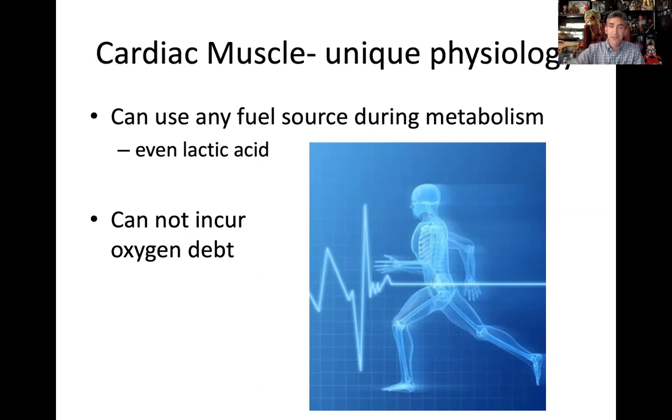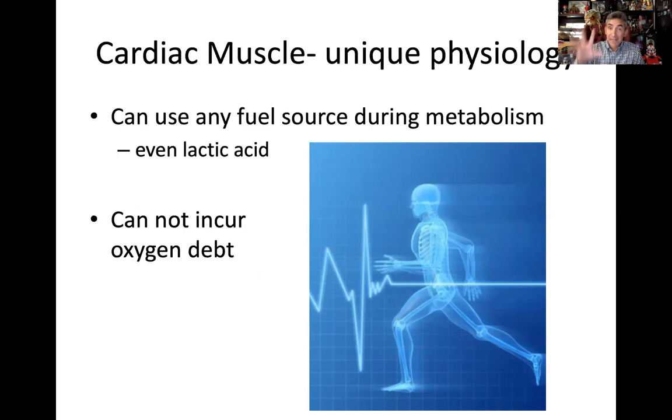So carbohydrates, lipids, proteins, even lactic acid, right? Lactic acid, which we view as something maybe not good when we're exercising, something painful, but lactic acid is a very important, high energy type of substance for heart cells. So these cardiac cells can metabolize lactic acid. So they're not picky. They consume whatever fuel source is available.